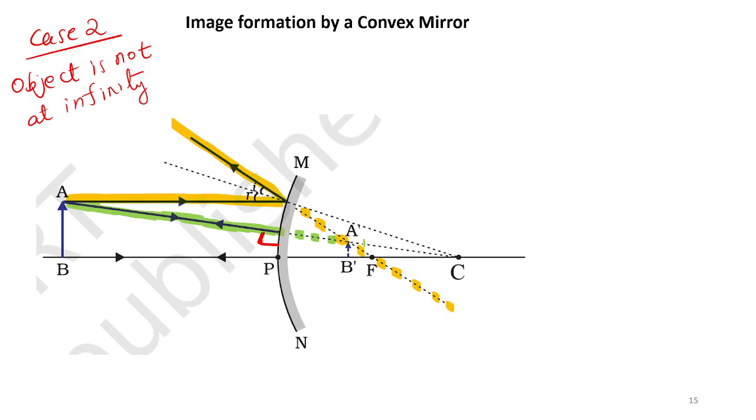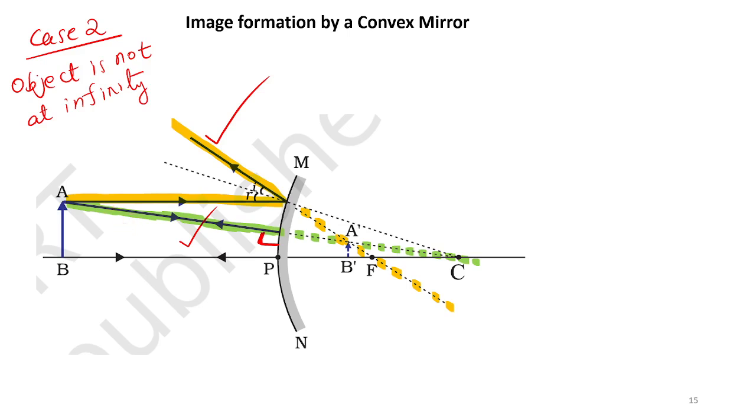Here extension will reach the center of curvature. Understood? Because on the left side these two reflected rays never meet. I will give tick mark. This reflected ray and this reflected ray, these two will never meet on the left side because their gap is increasing.